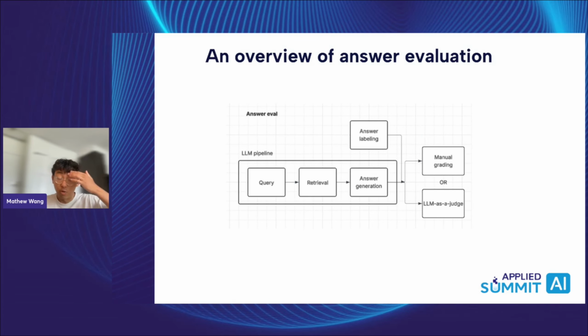You have your result from the LLM pipeline and your correct, labeled answer. How do you actually determine whether the LLM pipeline answer is correct, or if you have other dimensions, how do you grade that answer on those dimensions? You can do this in two main ways. The first is manually, just sitting down as a human and doing it, or secondly, you can automate it with an LLM.